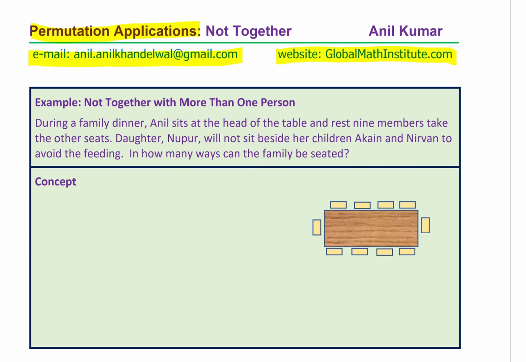So let's say here's our table, and this position is taken by Anil. There are now remaining 9 seats which are taken by the other family members. We are given the condition that Nupur is not sitting with Akain or Nupur is not sitting with Nirvan, right?